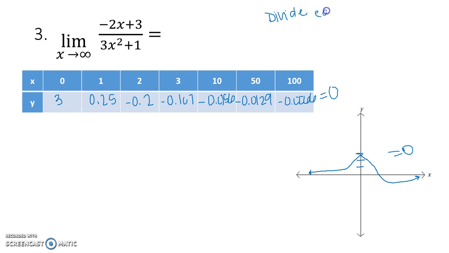is divide each term in the numerator and denominator by the highest powered x in the denominator.